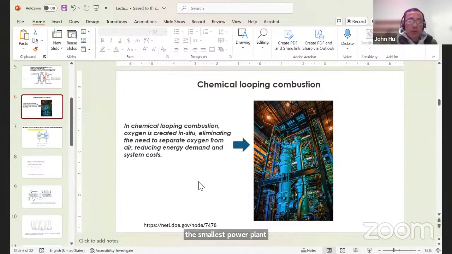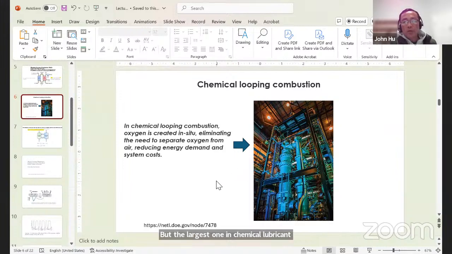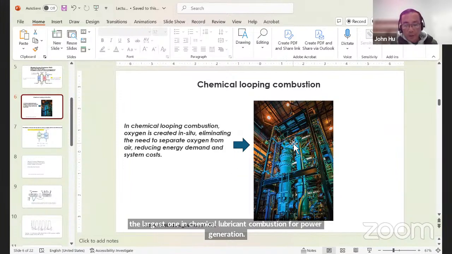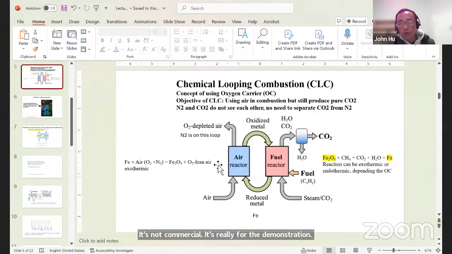I'm pretty sure India built very large power plants, probably over 1,000 megawatt. But the largest one in chemical looping combustion for power generation is only 50 megawatt. The one I'm showing you is a 5 megawatt pilot plant. This is not commercial. This is really for demonstration, to prove the concept of this looping.